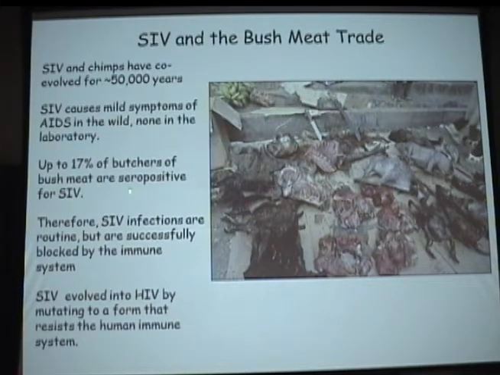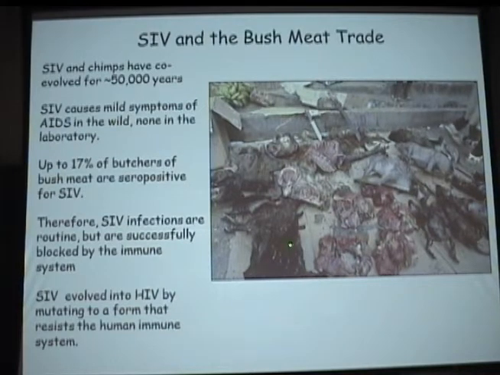They don't have any disease at all, but they have been infected by SIV, and they mounted a fully effective, complete, successful immune response. They wiped it out, and they're perfectly healthy. But they have been exposed to it, and they have antibodies to prove it.